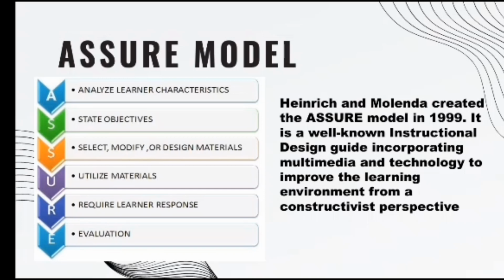You engage learners actively in the learning process. You ask them questions, and not just merely talk in front of them. You encourage them to participate, and you make questions to test whether they are listening. That is require learner response.